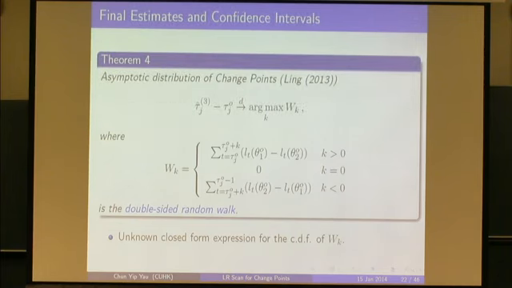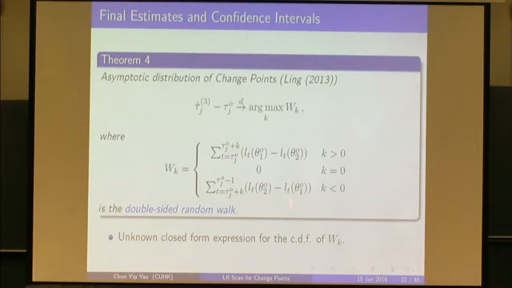Also, using the extended local window, we can borrow the idea of Lenk, which derives the asymptotic distribution for the estimated change point if you have only one change point, in a very general context of time series model.